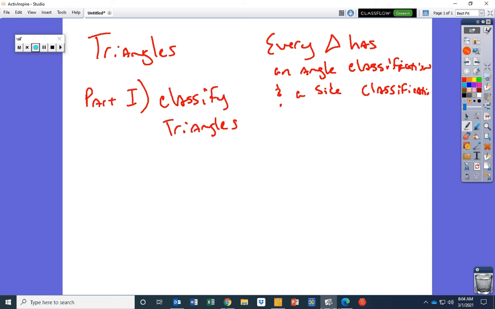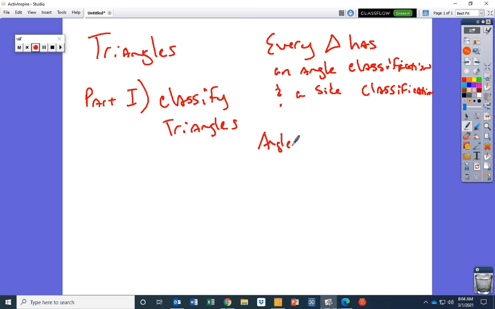Sorry, I ran out of room right there. Every single triangle has both of these. It'll be classified by an angle first, and then it'll be classified by a side. Does anybody know the three angle classifications that there are?